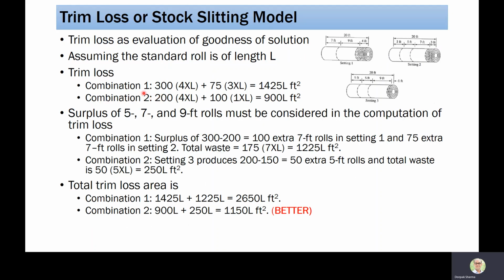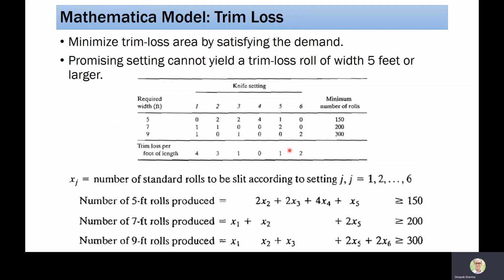You remember the previous combination says 300 units of setting 1, 75 units of setting 2. So for every setting, we can decide how many rolls we are going to use: X1 units for setting 1, X2 units for setting 2, and similarly for the other knife settings. So we are going to have 6 variables.